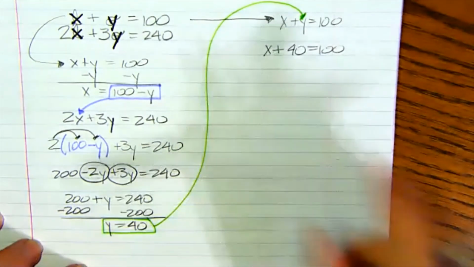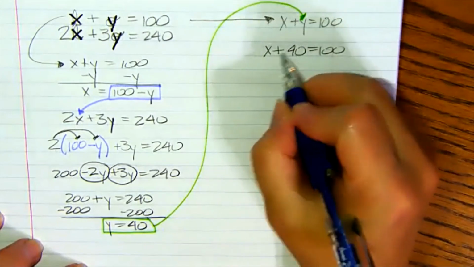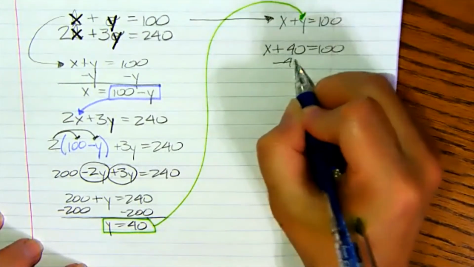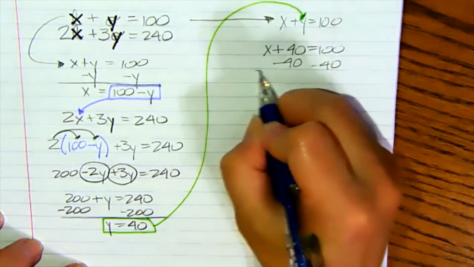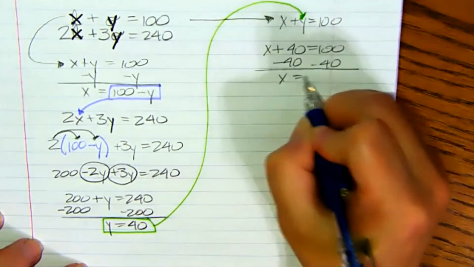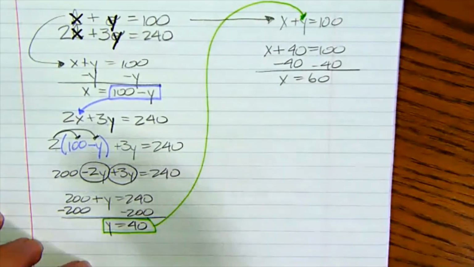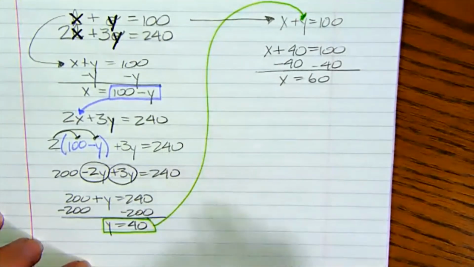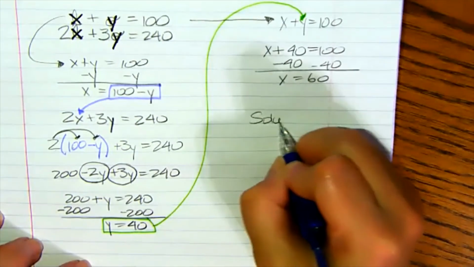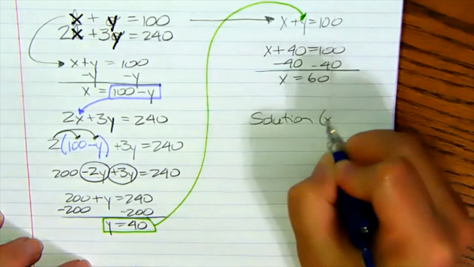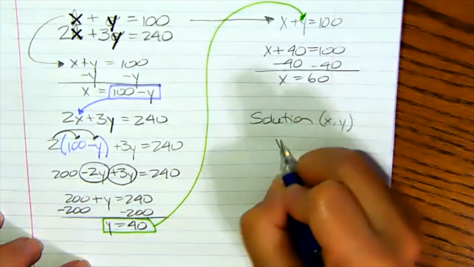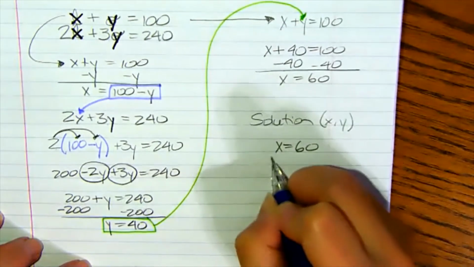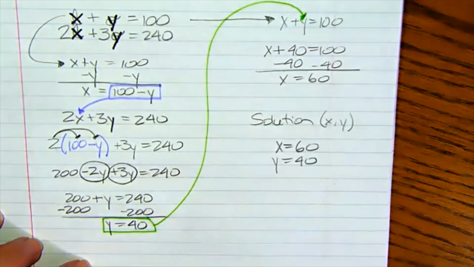I need to isolate x, so I'm going to use inverse operations to get rid of this 40. What I do to one side, I must do to the other. X equals 60. Yay, I have x's and y's. And we know that the solution is always an x and a y, right? So my x equals 60 and my y equals 40.